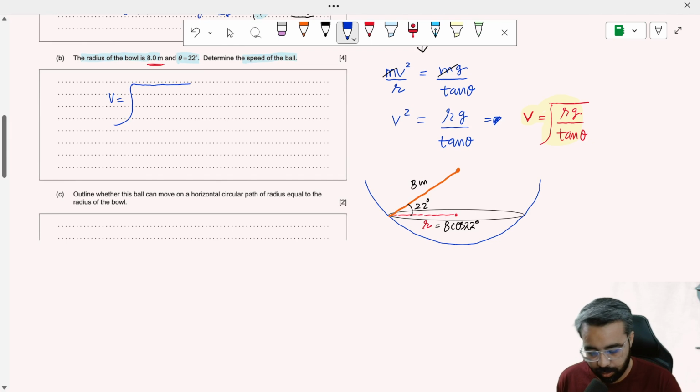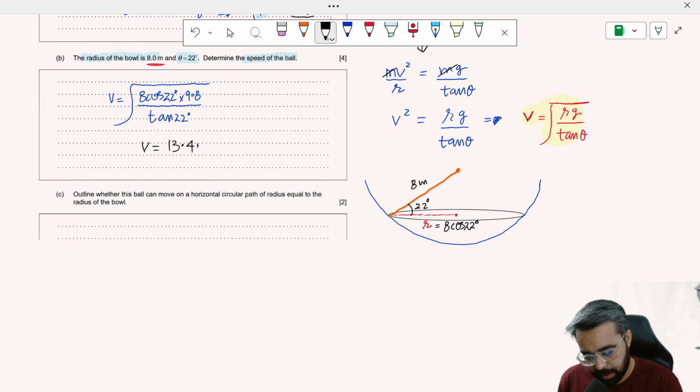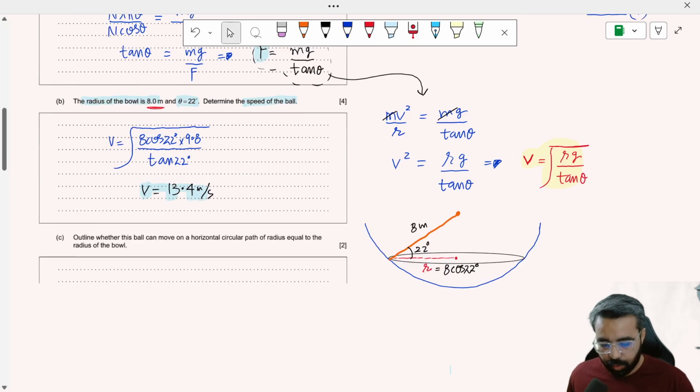So the square root of 8 cos 22 degrees times 9.8 or 9.81 divided by tan 22 degrees, and your answer will be 13.4 meters per second. That is the speed at this point. Now I have just answered the circular part of this whole question, so I will answer the other questions in the next video on that topic specifically.